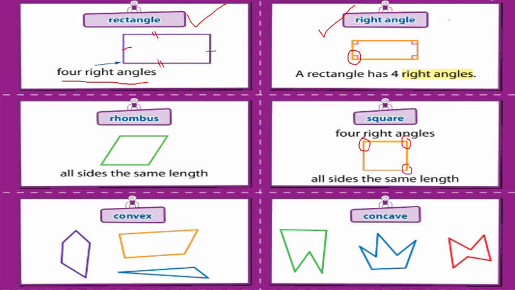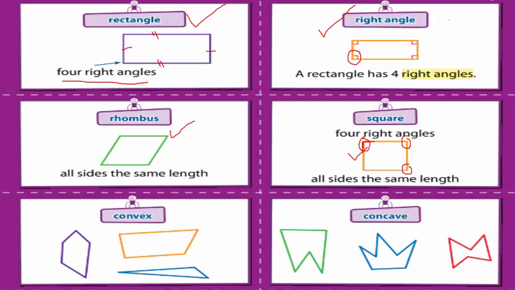Now look at this figure. Do you see a square corner? Are these vertices giving you a right angle? No, excellent. Only in the square and the rectangle do you see a square corner, that is a right angle. Very good.